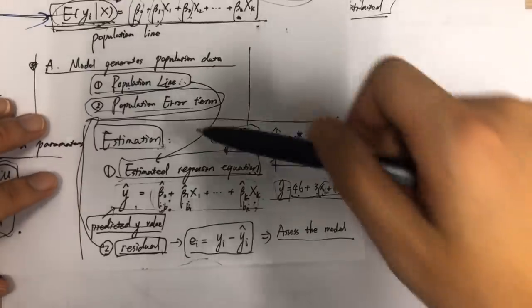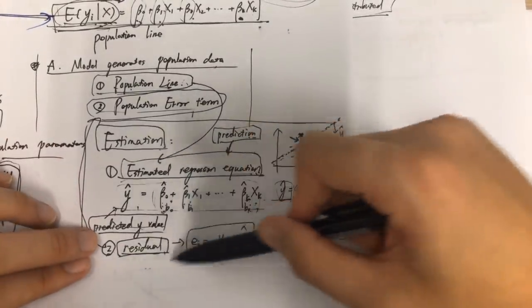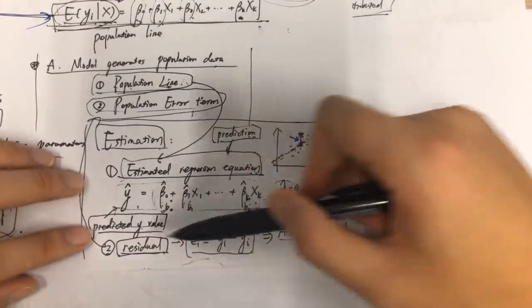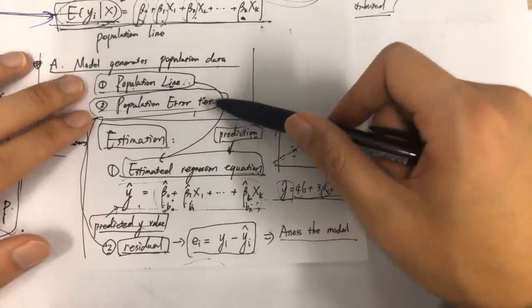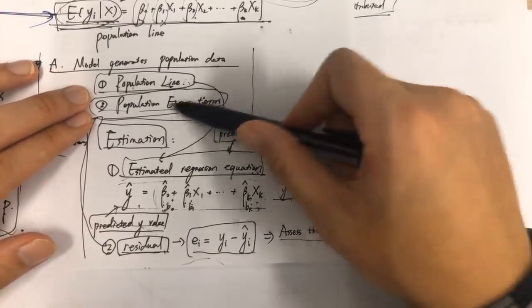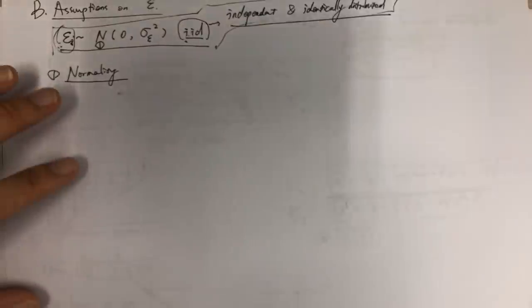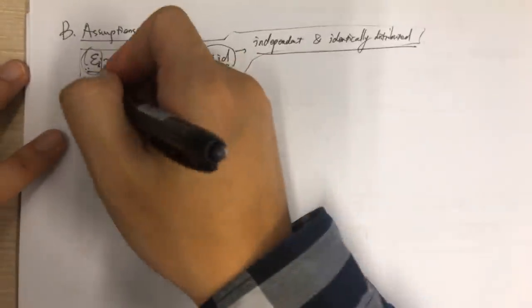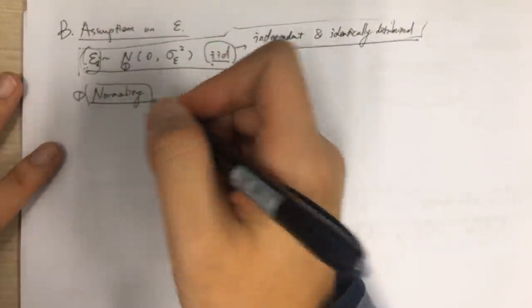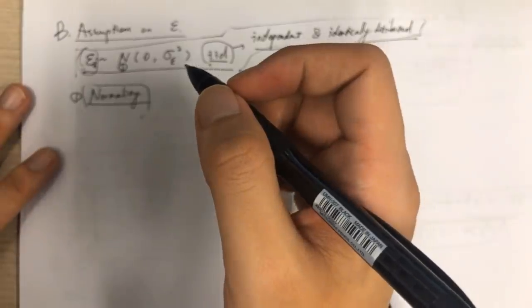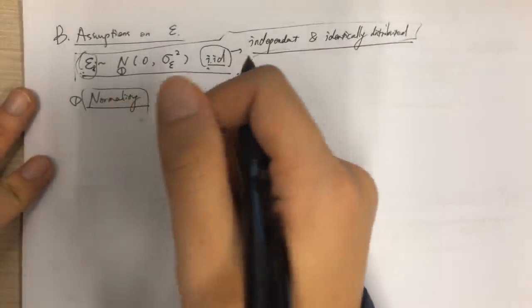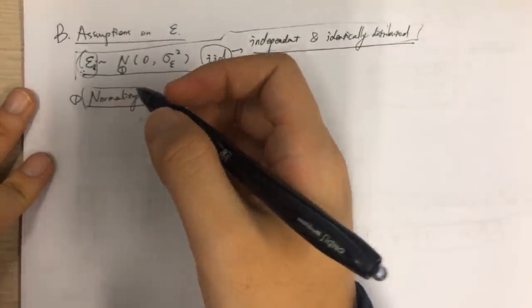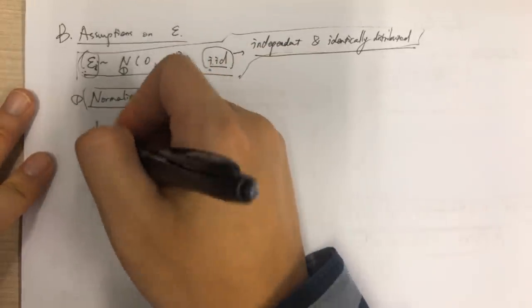Therefore, to assess the model assumptions, we can see if the residuals follow a number of patterns so that the assumptions on the error term will be satisfied or not. So normality. In order to test normality, we're going to test the normality on the residuals. And we can look at the histogram, right?